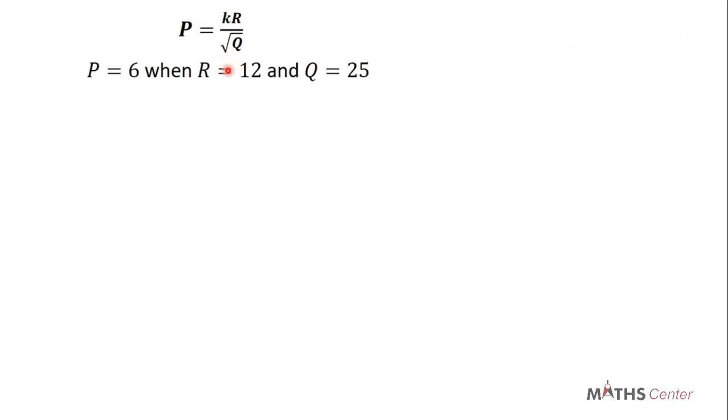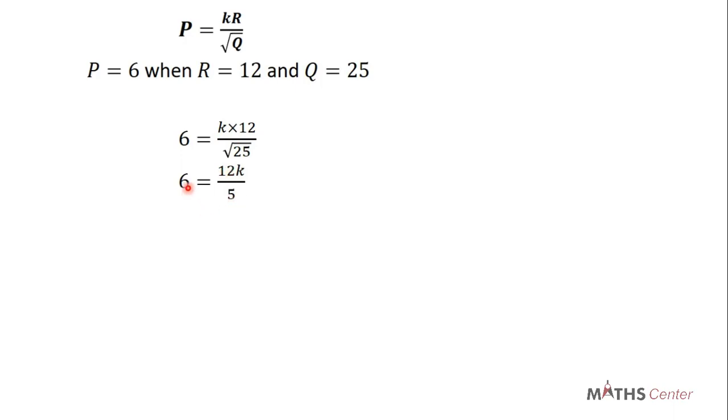Okay, so we have P is equal to KR divided by the square root of Q. The question told us that P is equal to 6 when R is equal to 12 and Q is equal to 25. That means we can replace P with 6, R with 12, and Q with 25 in order to find the value of K. If you do that, you have 6 is equal to K times 12 divided by the square root of 25.